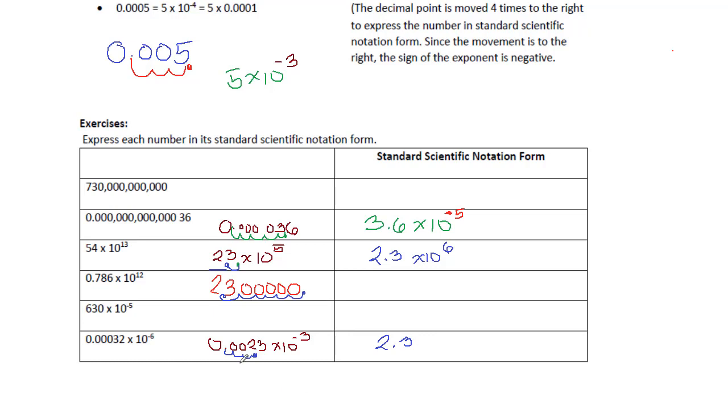But what will be the exponent? Since we are moving the decimal point towards the right, that means the exponent is supposed to be negative, right? 1, 2, 3, 3 steps. But since there's a negative 3 here already, we make it more negative, meaning we subtract 3 from it. Negative 3 minus 3 is negative 6. Okay, so this will now be 2.3 times 10 to the negative 6.